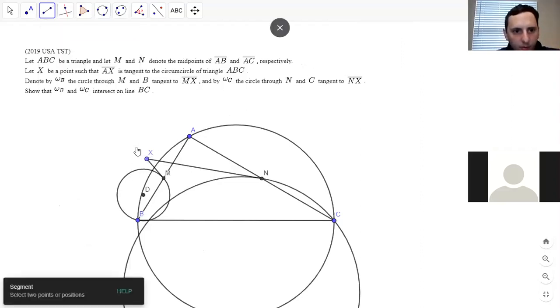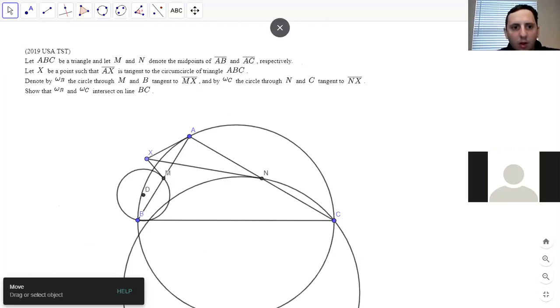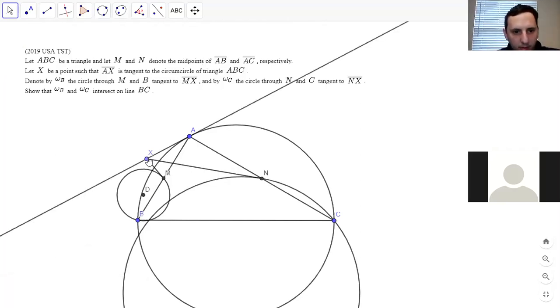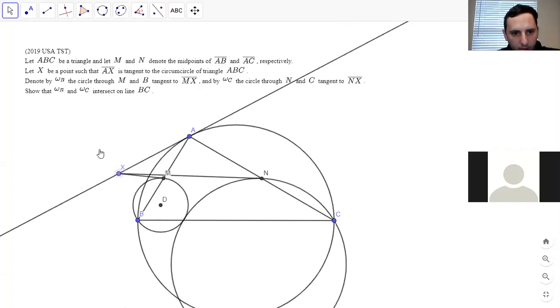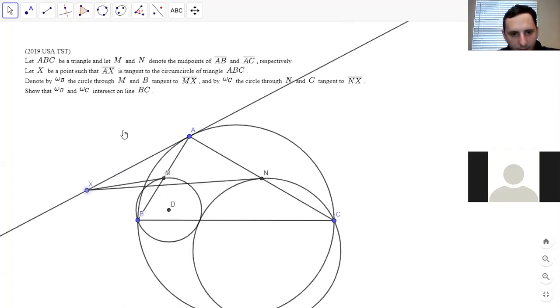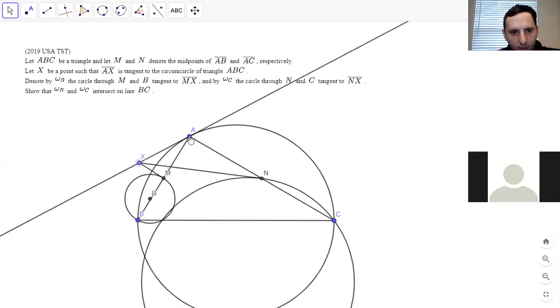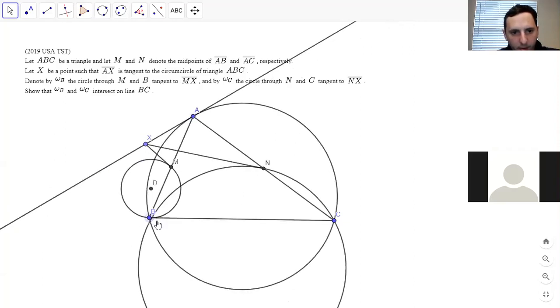Just draw the line, so you can see where X moves. Okay, if I move X this way, they're not tangent. No, the circles aren't tangent. Let me make it a taller triangle. There we go, that looks better.